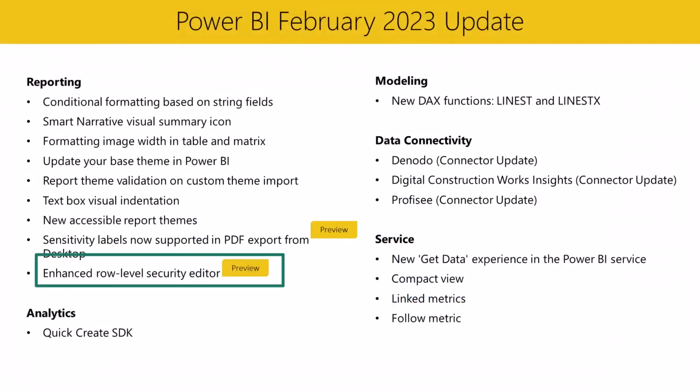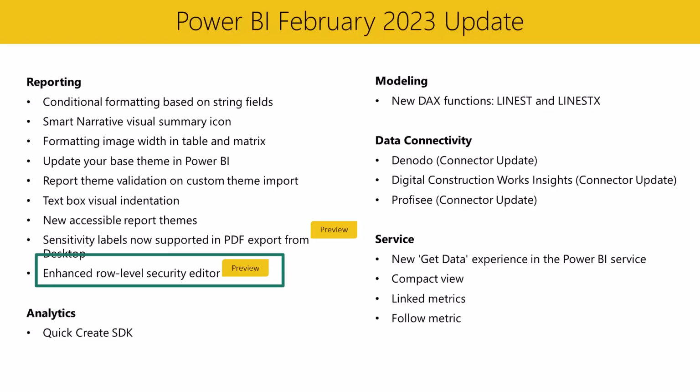Next, let's look at the enhanced row-level security editor. You can now quickly and easily define row-level security roles and filters without having to write any DAX. Select Manage Roles in the ribbon to use the new drop-down interface to create and edit security roles.